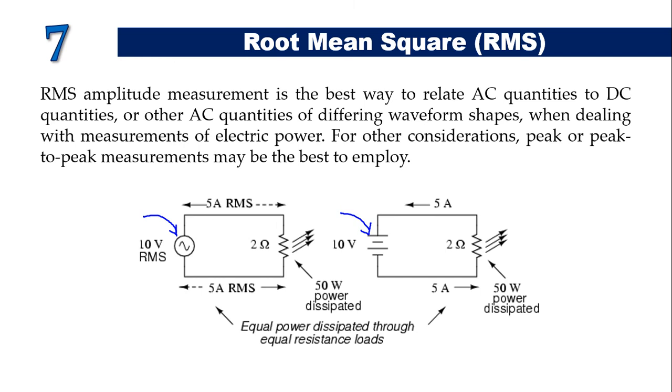For instance, when determining the proper size of wire to conduct electric power from source to load, we use the RMS voltage or current measurement, not the peak-to-peak or the peak. The principal concern in this case is that the current might overheat the wire, so the relevance is the power dissipation caused by the current through the resistance of the wire.